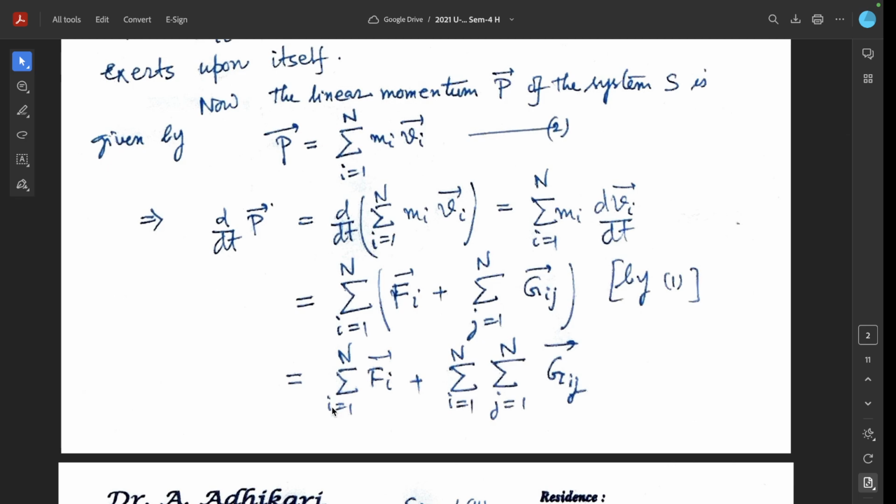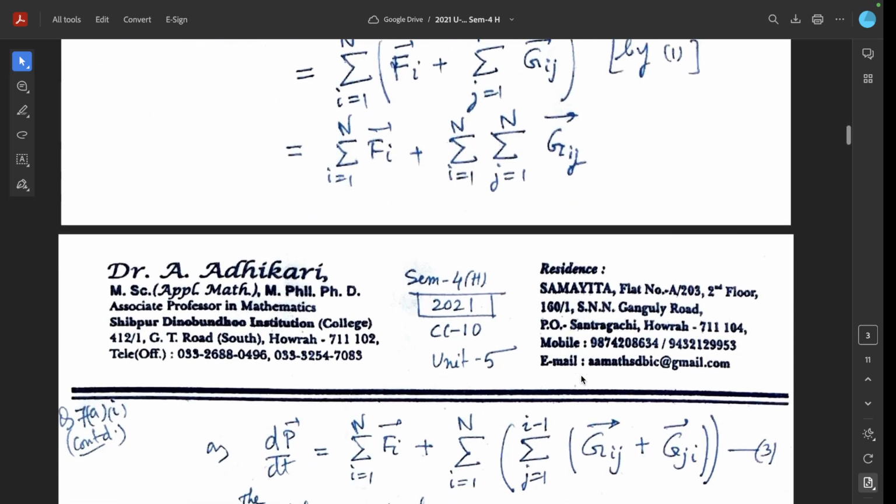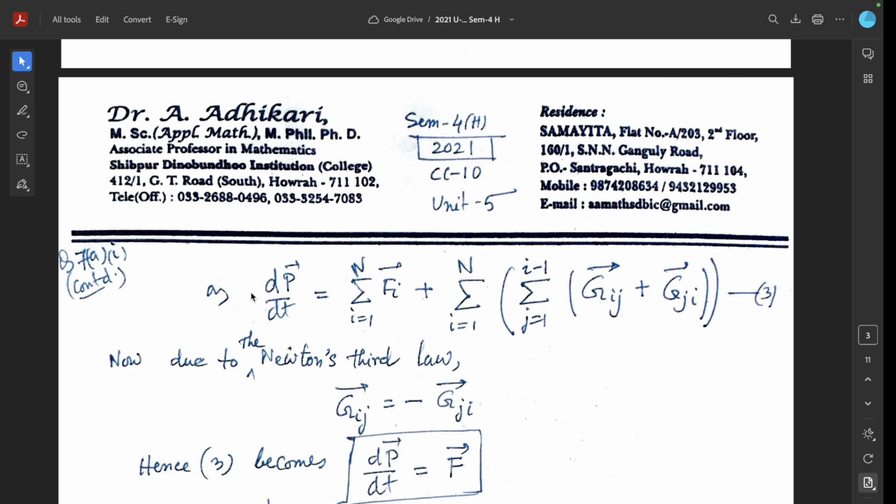This is equal to summation over i equal to 1 to n of Fi vector plus summation over i equal to 1 to n and summation over j equal to 1 to n of Gij vector. So dP/dt equals summation of Fi vector plus summation over i equal to 1 to n of the bracket: summation over j equal to 1 to i minus 1 of Gij vector plus Gii vector.